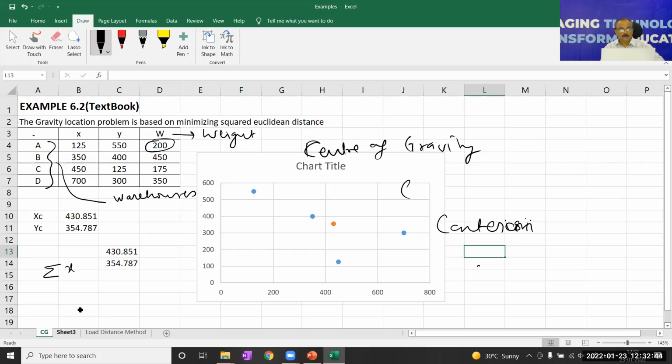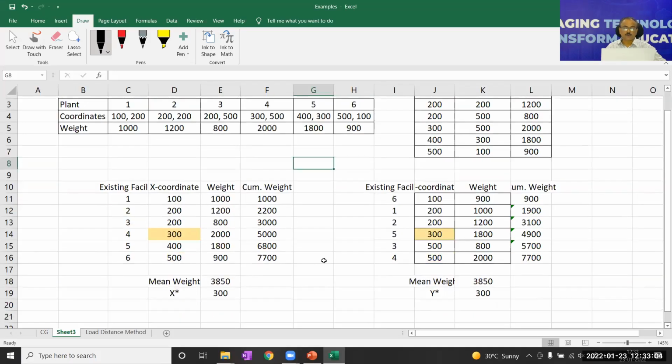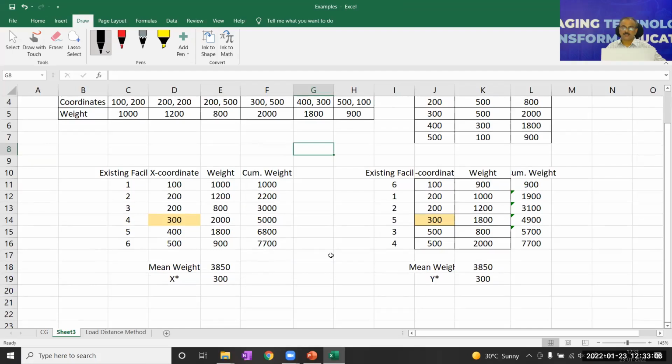So as far as this example is concerned, let's say we have 6 plants, and we locate these plants in terms of the coordinates on a Cartesian system, and for each plant there is a weight in terms of the load that is involved. So where should we locate the new facility, the single facility which will serve all these facilities?